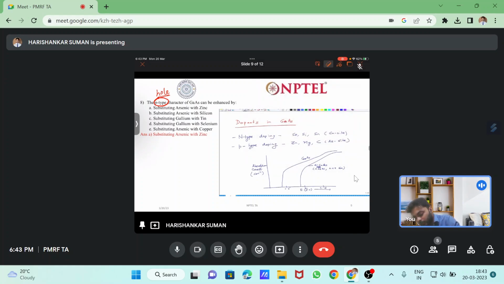You can see the explanation. For N-type doping, the Ga side is responsible for N-type, such as silicon and tin, while P-type doping is with zinc, manganese, carbon on the arsenic side. So arsenic with zinc, you can see zinc, Zn.